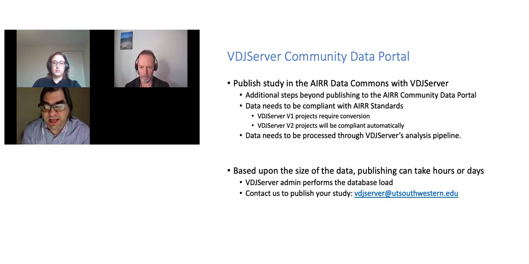That would be automatic if you ran your analysis through VDJ Server's analysis pipeline. The outputs will all be in AIRR standard formats. However, if you upload your data and you don't use the analysis pipeline, it'll be up to you to make sure your data is in those formats.